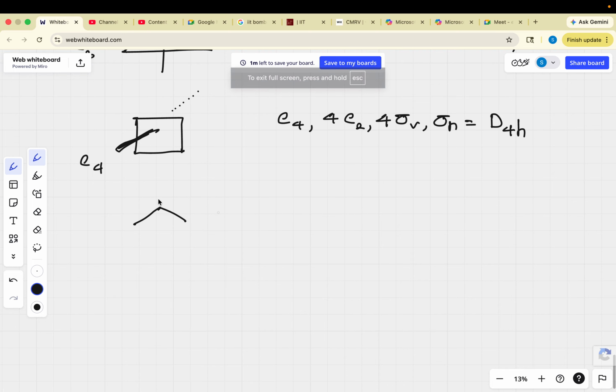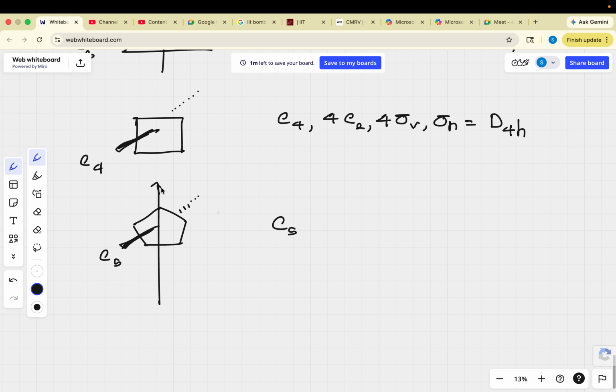Okay, fine. So when you have a five-membered ring, your principal axis will be C5, and definitely you will have C2 also. You can see that this is your C2 axis.